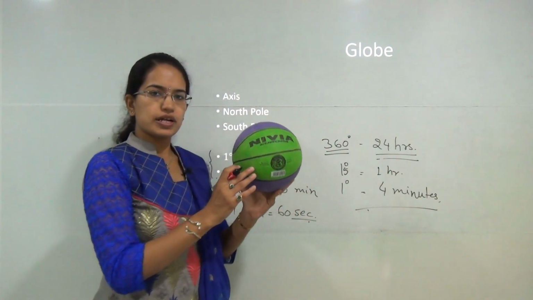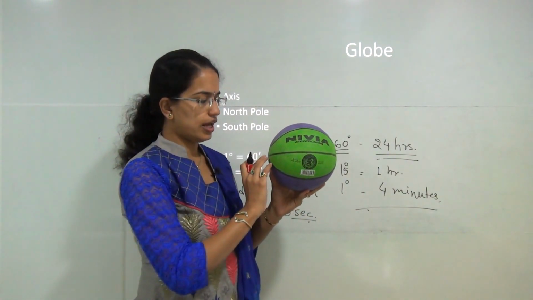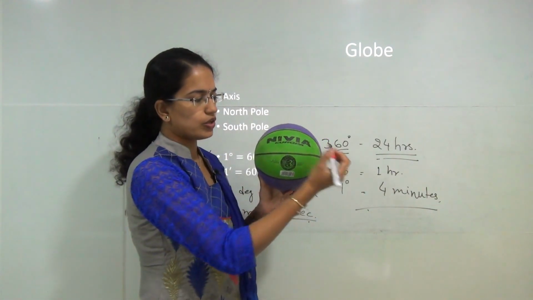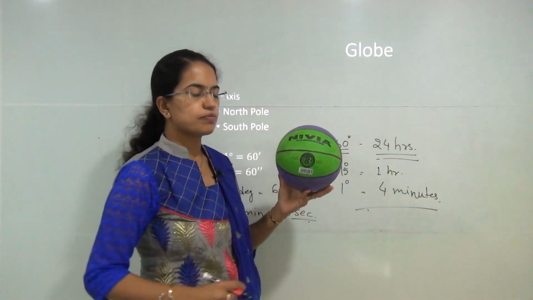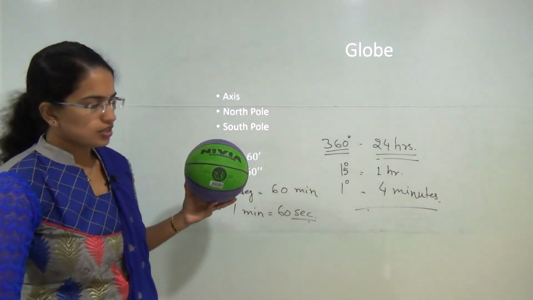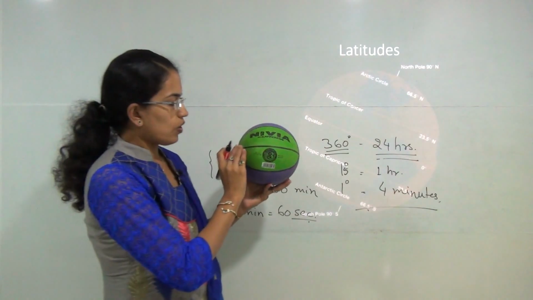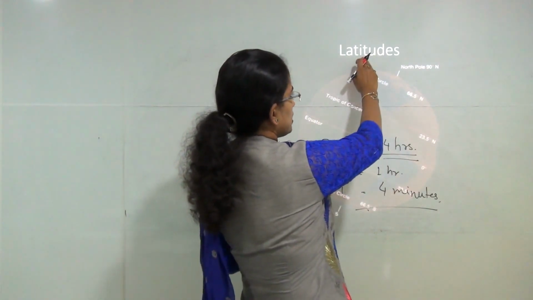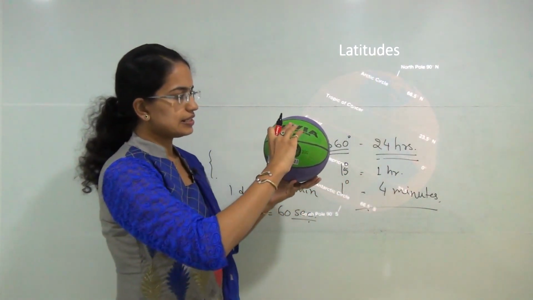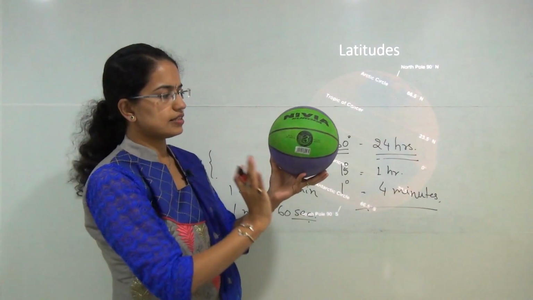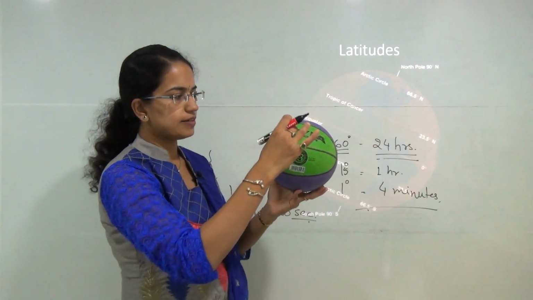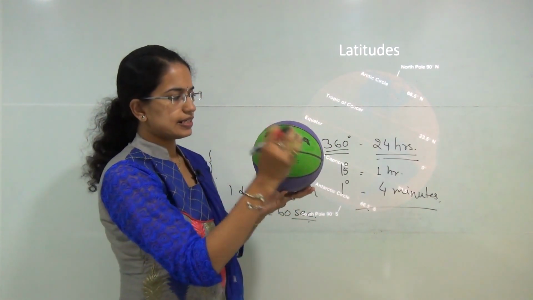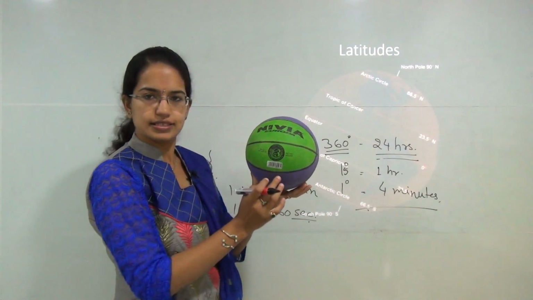Now, if I try to understand with the help of this ball, I can say the lines which are drawn horizontally would be the parallels. So we call these parallels also the latitudes. Now let's take the simple parallels in which this ball is divided. So you have one parallel that is running here, another two parallels running here.